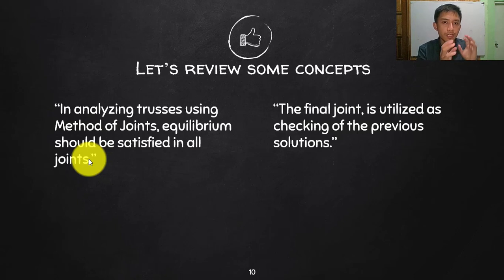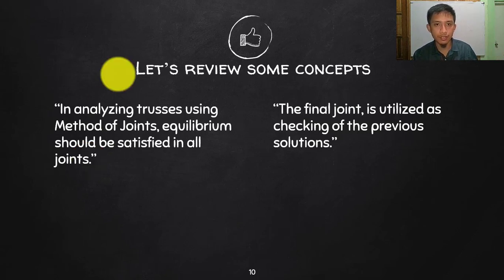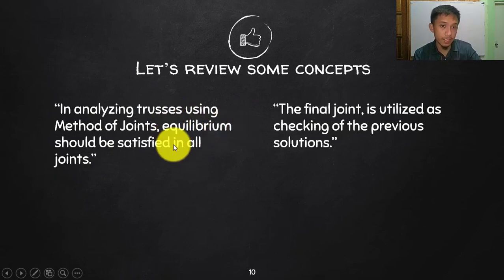If we satisfy the equilibrium within the joints, that is how we solve the member forces, given the other member forces already solved on the previous joints. So that is the main concept: satisfy the equilibrium in all of the joints of the trusses.